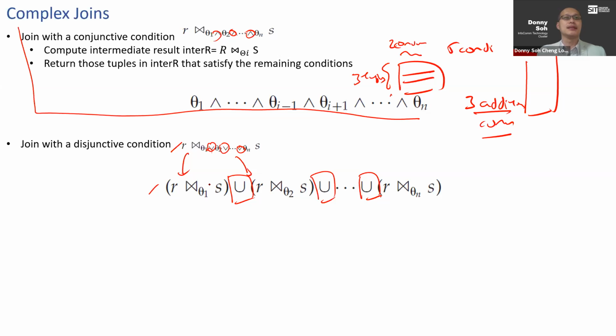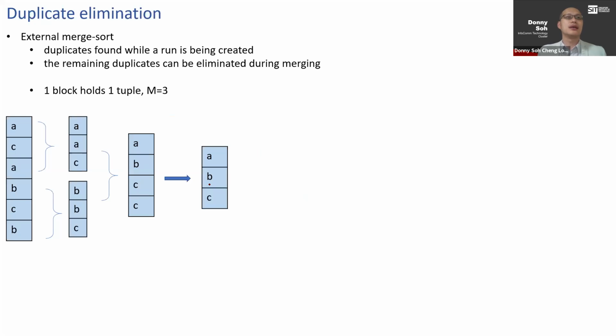Okay, let's look at the next example. Again, this is a duplicate, very similar to your typical merge join, where there may be duplicates over here.